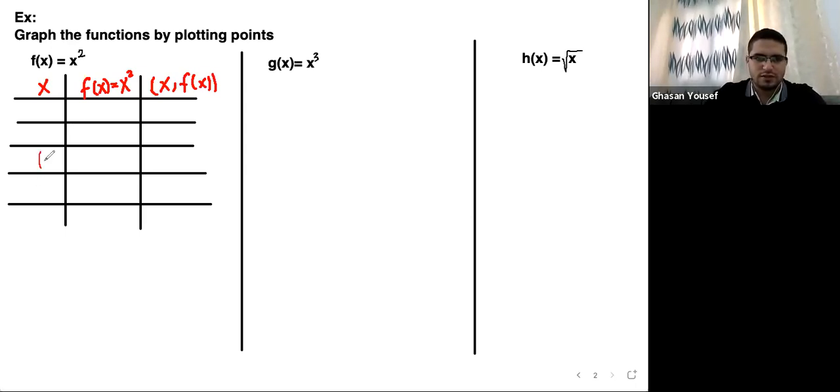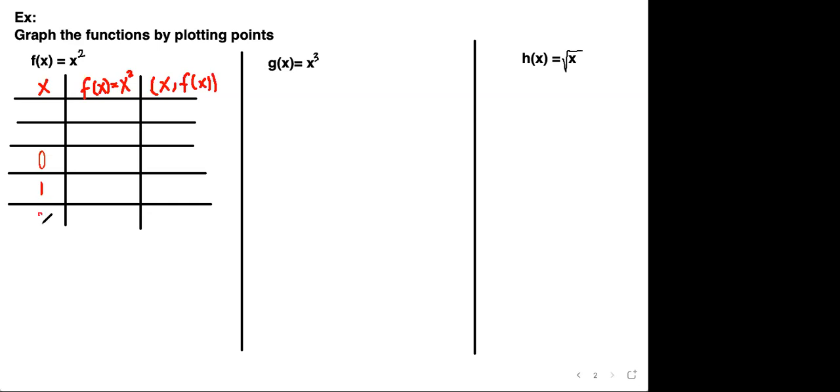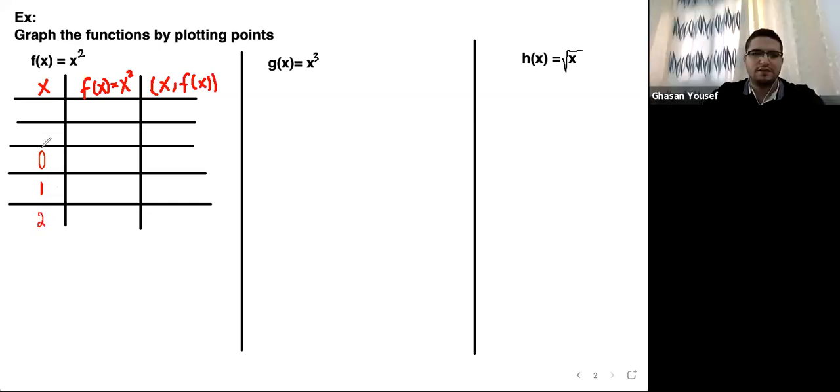I'm going to choose 0 first of all, but which point would you like to use after 0? For example, 1, say if he said number 1, what else? 2. Give me negatives. -1, exactly. What else? -2 is good.